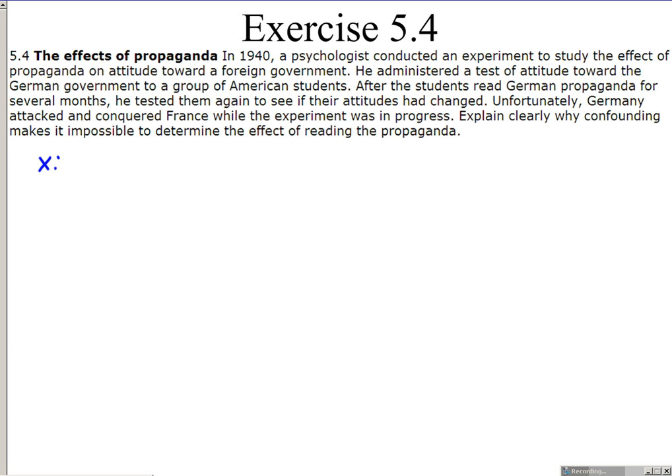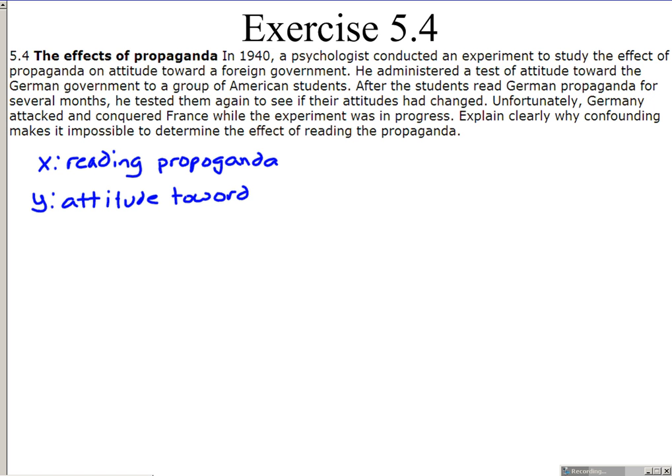So our intended experiment was our variable x, which was reading propaganda. We wanted to know how reading the propaganda would affect the U.S. students' attitude toward the German government.